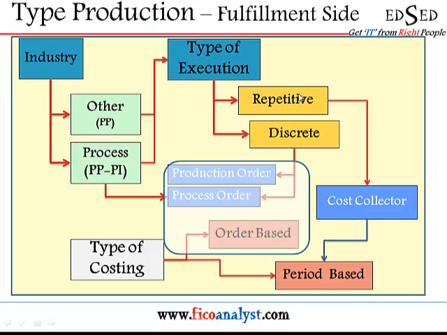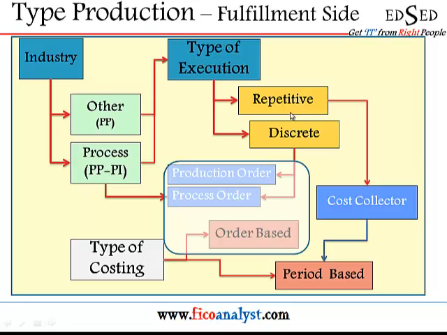Using repetitive manufacturing, you can fulfill your production for make to order or make to stock. At the same time, discrete manufacturing is lot to lot, meaning that every time you produce, you have a lot, and based on that lot, you will be manufacturing. That is called discrete manufacturing.